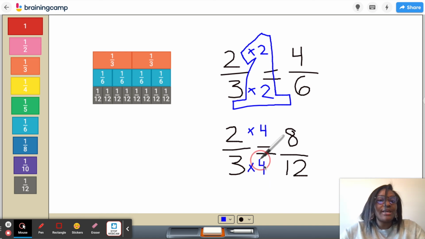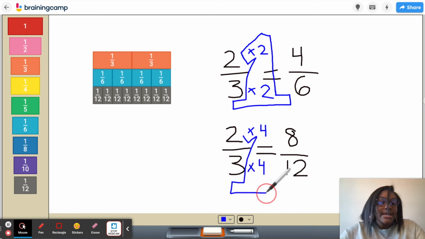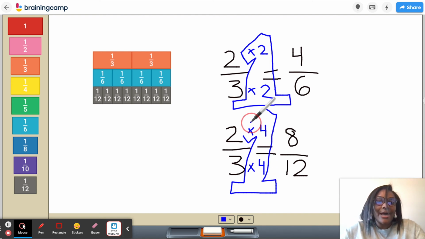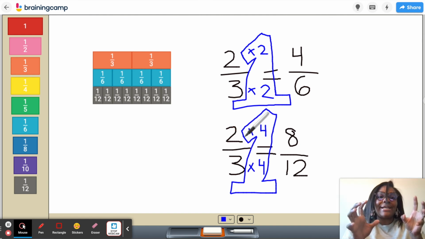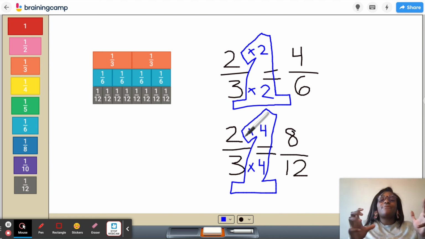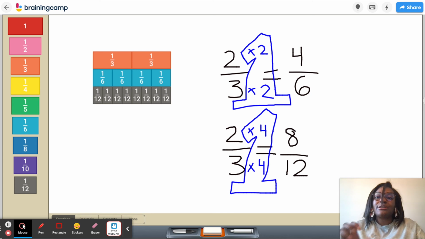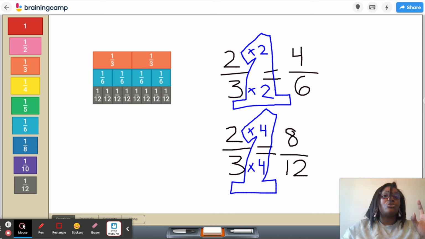And the beautiful thing about this is that these fraction tiles are showing the concrete way of how to deal with equivalent fractions. And then what we are writing is showing the abstract way of how to create our equivalent fractions. So seeing both of these on their Brainycamp screen will be so helpful for them to make that connection and slowly drift away from the concrete fraction tiles and go to creating equivalent fractions abstractly.